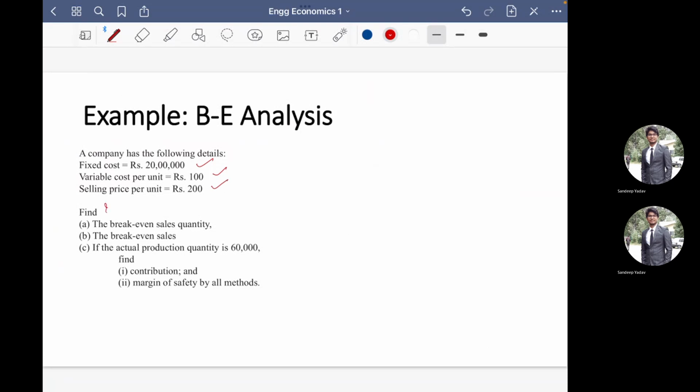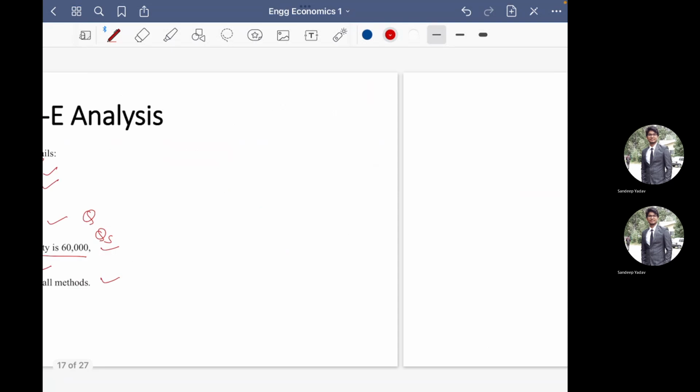Now we have to find the break even quantity of sales, the break even sales, that is Q and that is QS. And if the actual production quantity is 60,000, then what is the contribution and what is the margin of safety by all methods? We can calculate the margin of safety with different methods. We have to calculate.